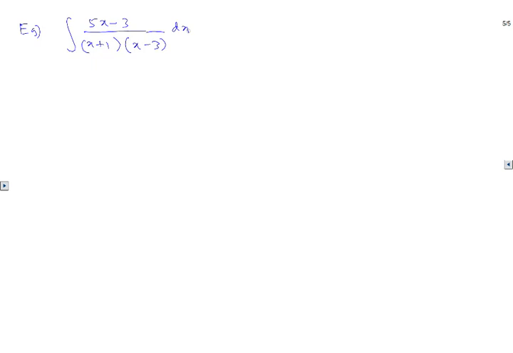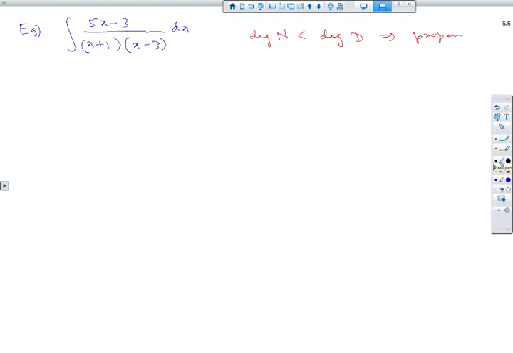We're going to see that this is a proper fraction because the degree of the numerator is smaller than the degree of the denominator. That means everything works fine here, so we're going to use the technique.